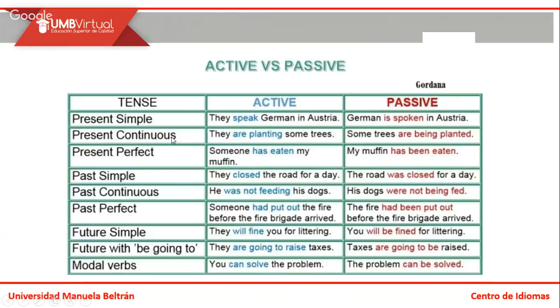Present continuous. ¿Cuándo utilizamos el presente continuo? Cuando estamos hablando de una acción que estamos haciendo en el momento. So, as you can see right here, they are planting some trees. In this part, you can see in the present continuous, we have to use the subject, verb to be, plus the verb with ing. Recordemos que el verbo to be se tiene que conjugar de acuerdo al sujeto que nosotros tengamos.